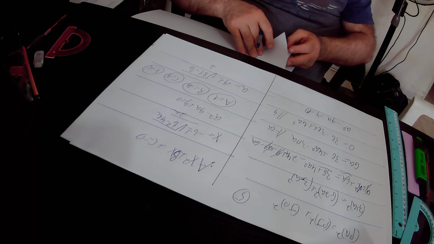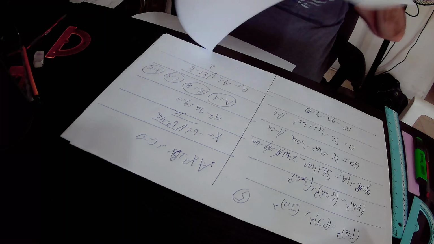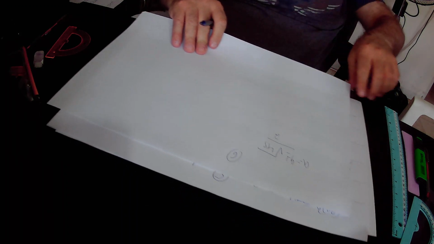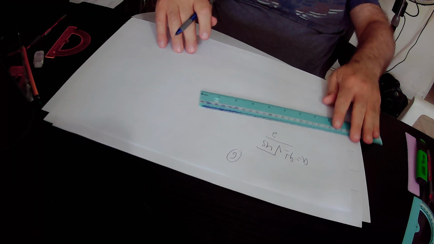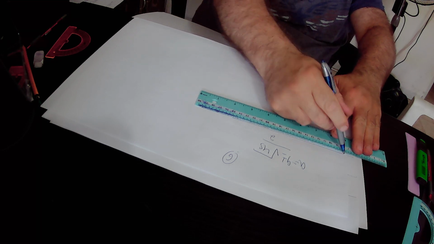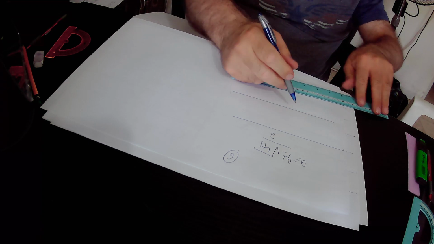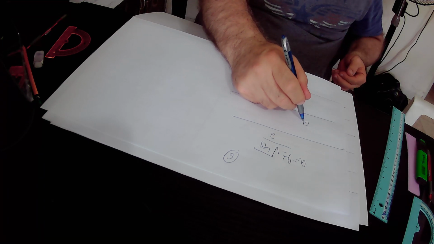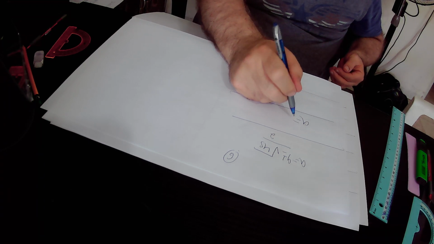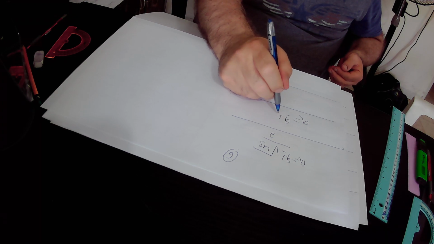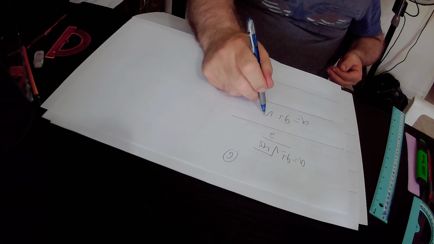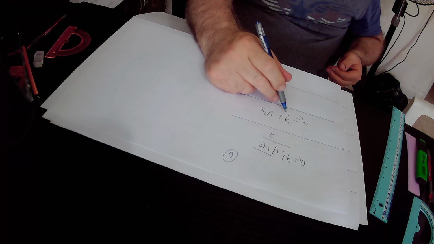So here we have two solutions that are possible for a. The first solution for a is that a, the radius of the small circle, equals 9 plus the square root of 45 over 2.